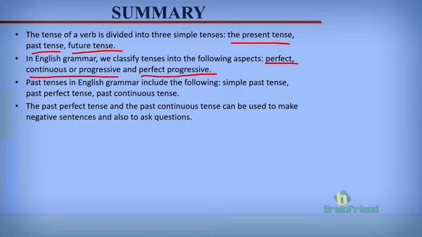We learned also that past tenses in English grammar include the following: simple past tense, past perfect tense, past continuous tense. We have one more past tense which we did not look at for the purpose of this lesson. And then we learned lastly that the past perfect tense and the past continuous tense can be used to make negative sentences and also to ask questions, that is, interrogative sentences.